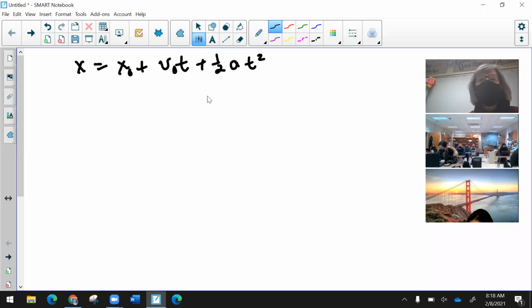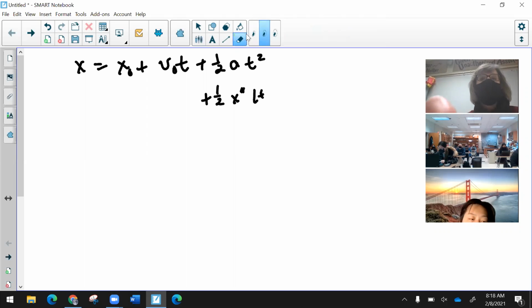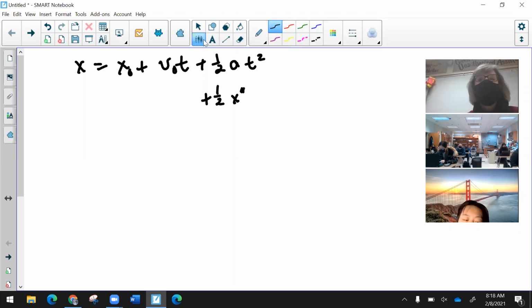And you might remember that acceleration is kind of like the second derivative of position, okay? So it's really not all that weird. You're just not used to thinking about it that way, okay?